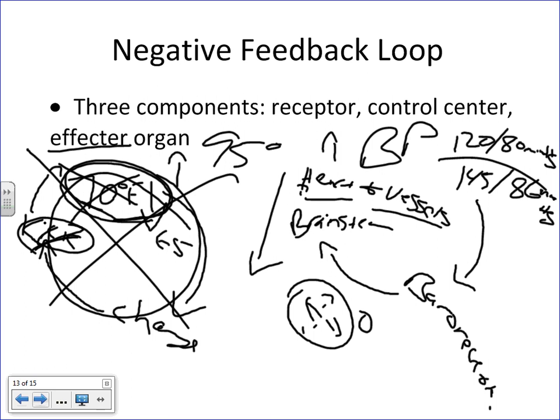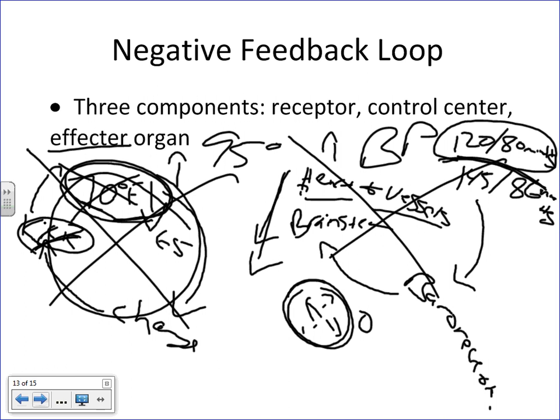So the combination of our heart rate going down and our blood vessels becoming wider, allowing much easier blood flow with less pressure, will bring our blood pressure back down to normal. And once we return to 120 over 80, then this entire response will shut off.